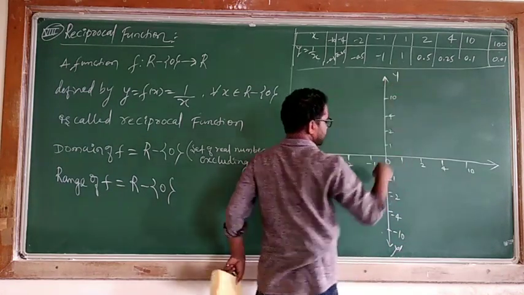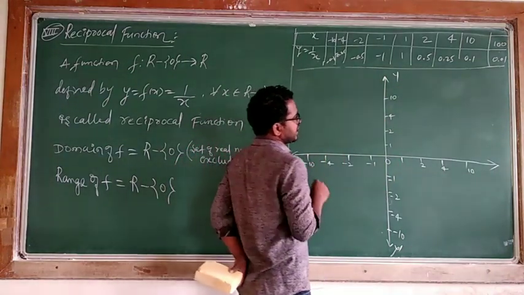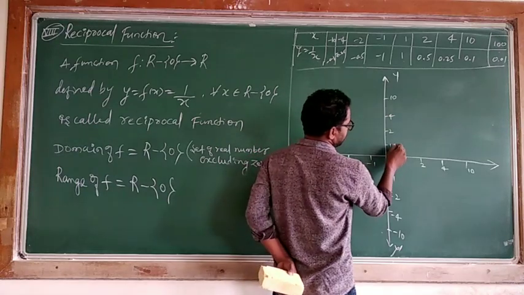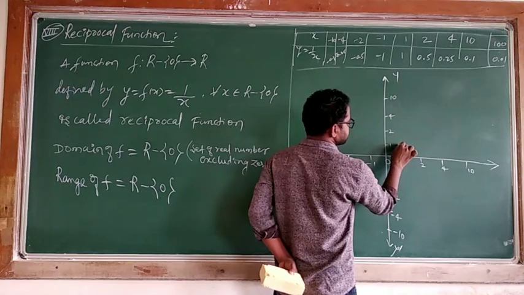This is y. Whatever you take, when 0 we are not taking, 1 means we will get 1 here. When x is 1, y is also 1.